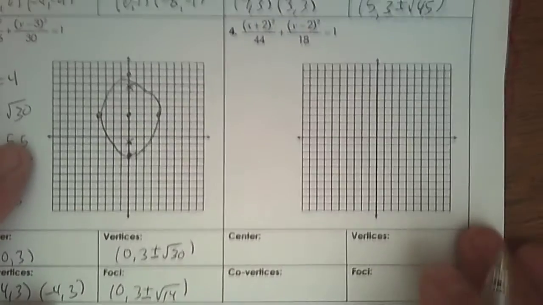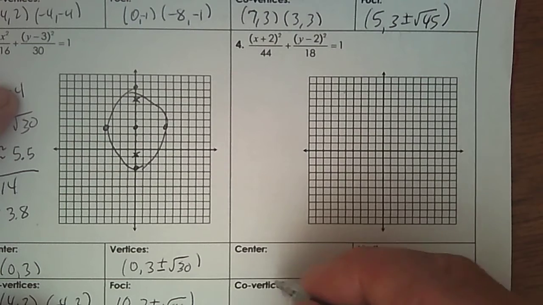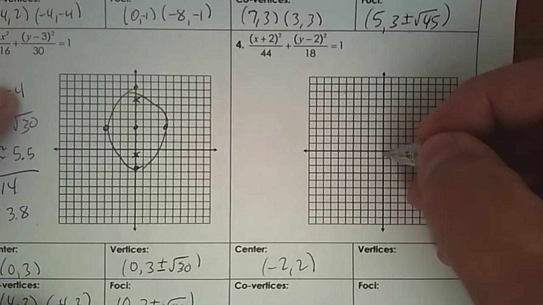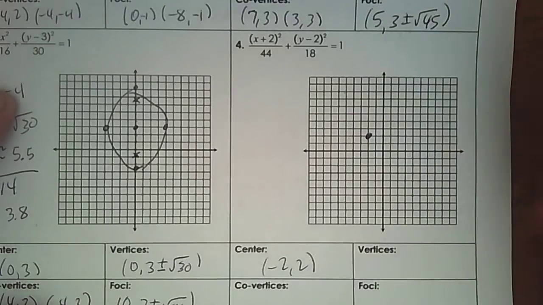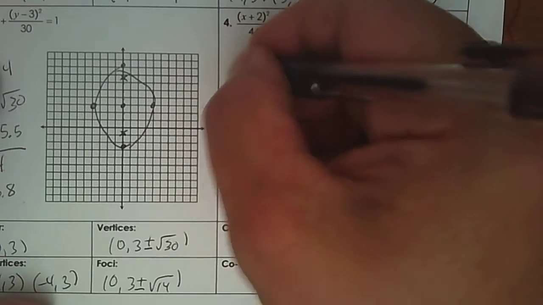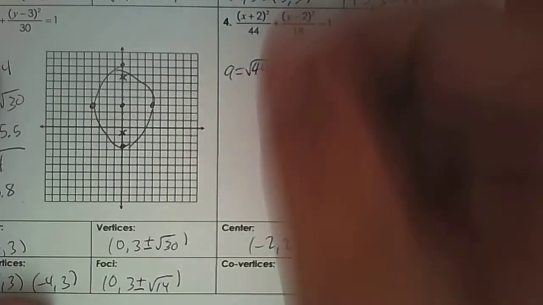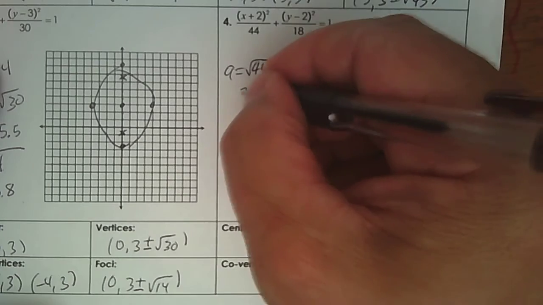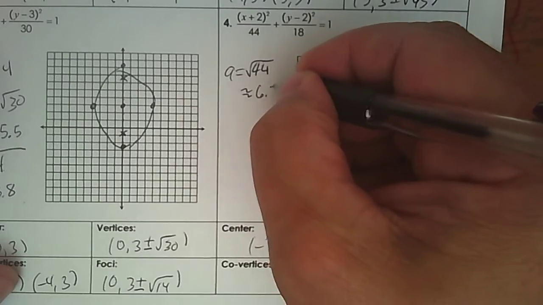All right, number 4. Can you graph this ellipse? The center is negative 2, positive 2. A is the square root of 44. This is going to be horizontal, and I have to estimate what that is. So it's between 6 and 7, somewhere.